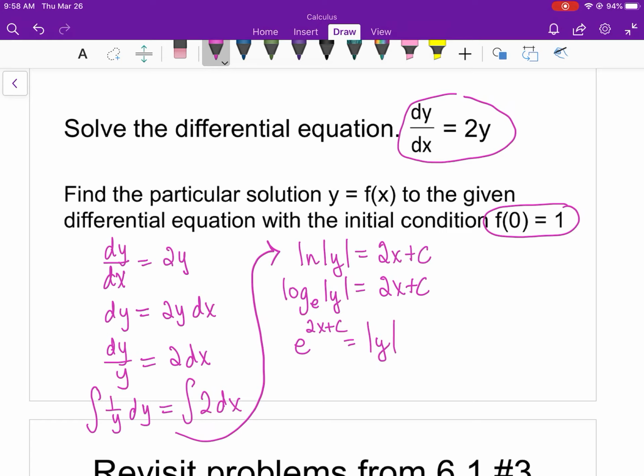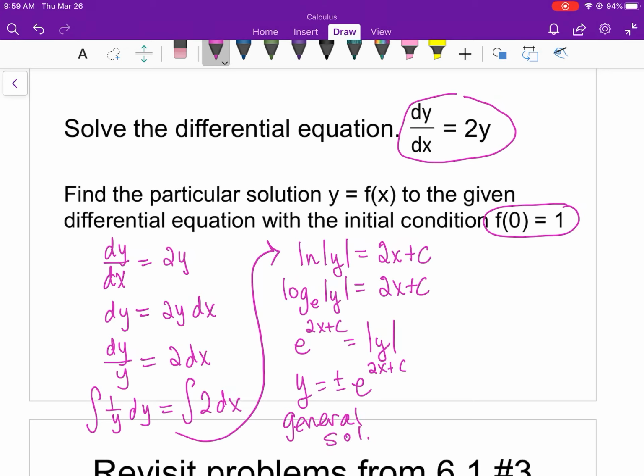Now to solve that for y, you're going to have to put that plus or minus out there. You need the plus or minus because you're removing the absolute value bars. So this is a general solution.